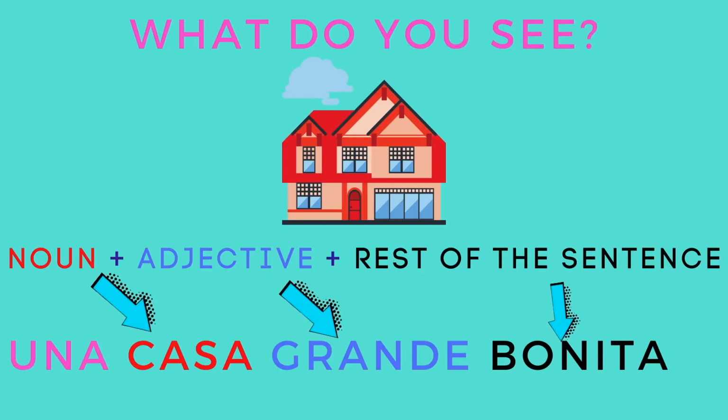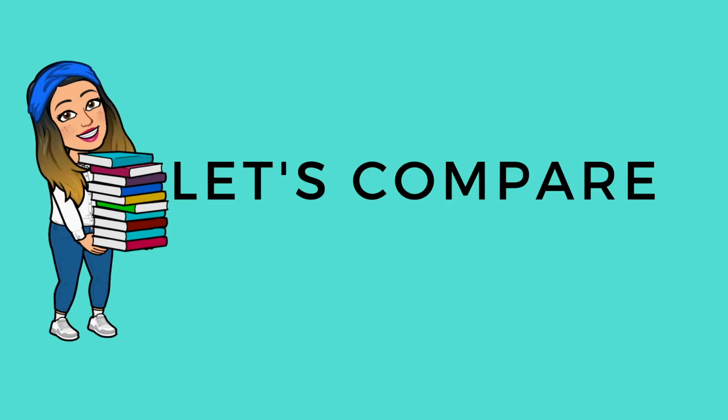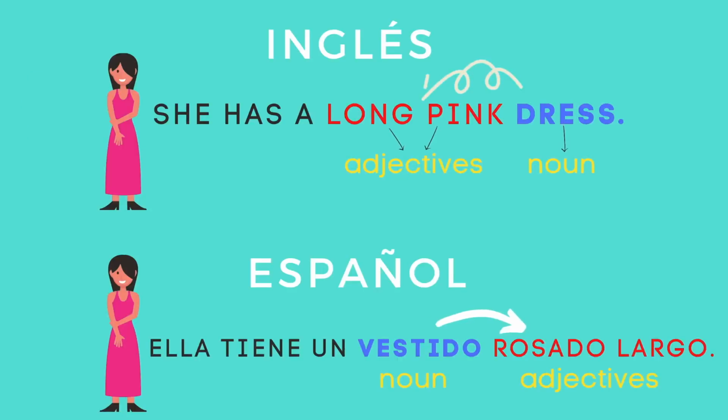Now, let's compare with English. In English, we say, she has a long pink dress. This is the word order in English. We place the adjectives first and then the noun. The adjectives come before the noun.